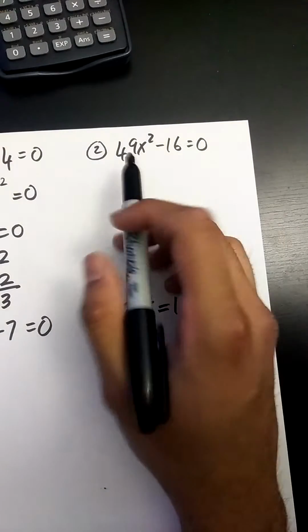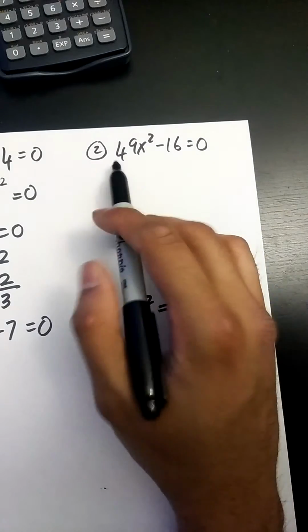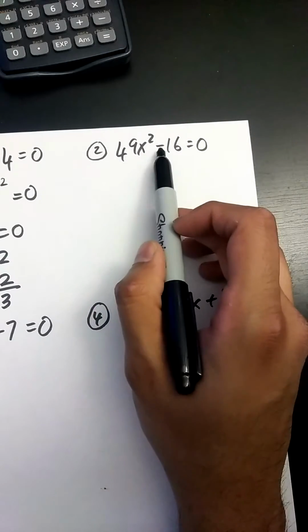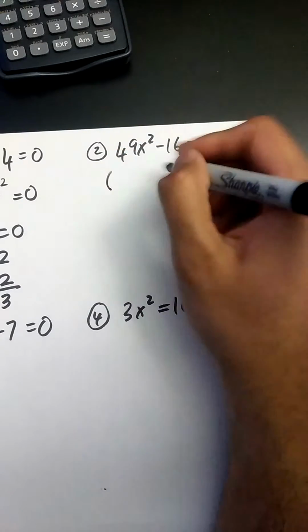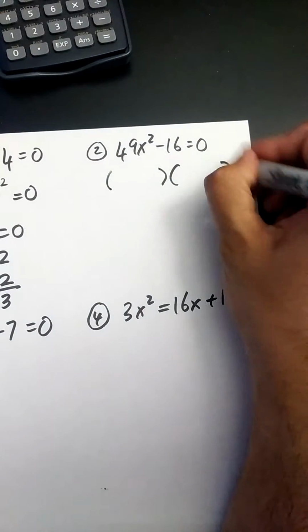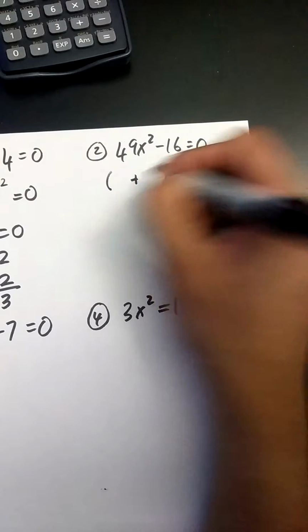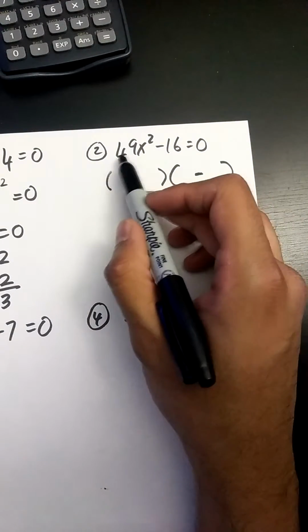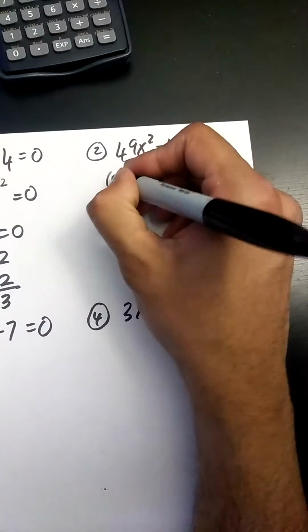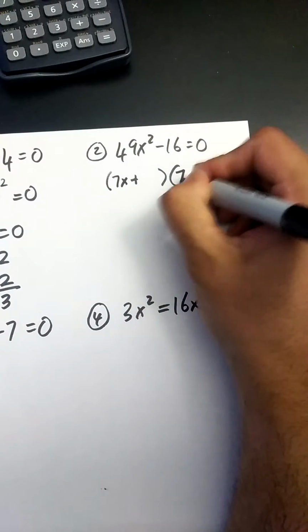If you look at problem number 2, again we notice there's 2 terms. It's a negative sign and both the terms are square rootable. So in this case, it's difference of squares, 2 brackets. Remember, the signs inside are always opposite in difference of squares. The square root of 49x squared is 7x.